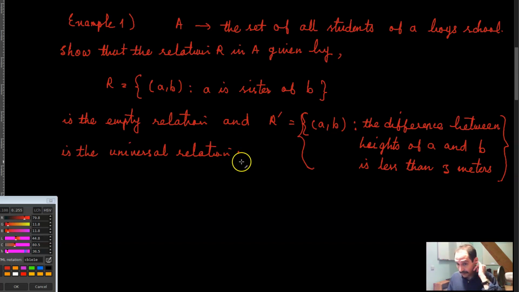So the way to solve this problem: you have the set A, which is the set of all the students of a boys' school.